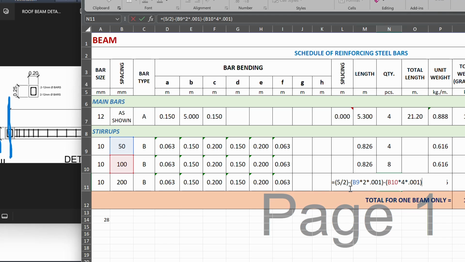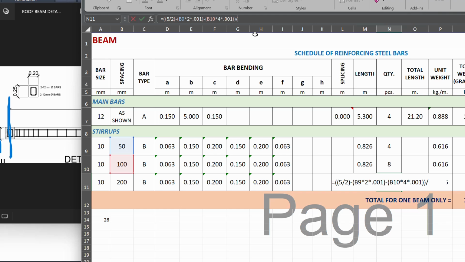And then I have to place parentheses here, here, and here. After the equals, I will add an open parenthesis, another open parenthesis, and here at the end another close parenthesis, and then I will divide it by 200 mm.